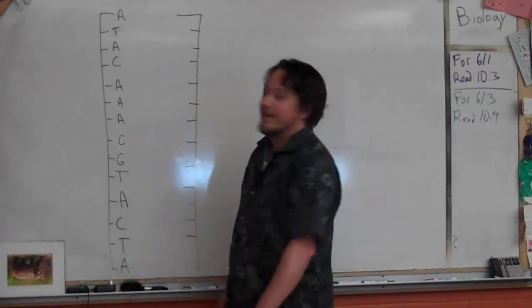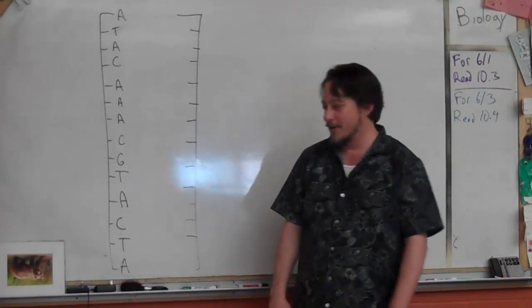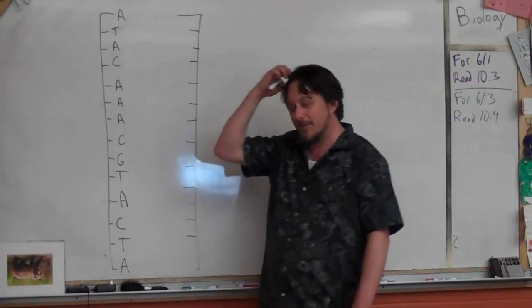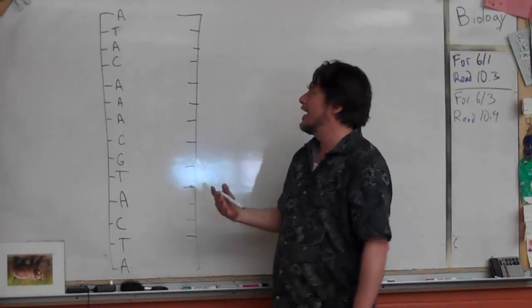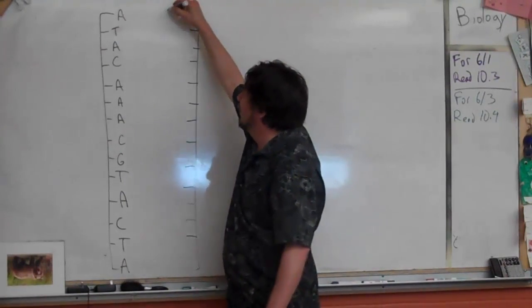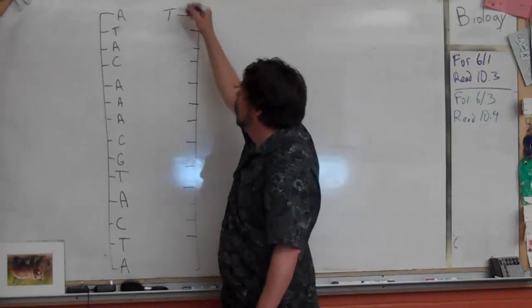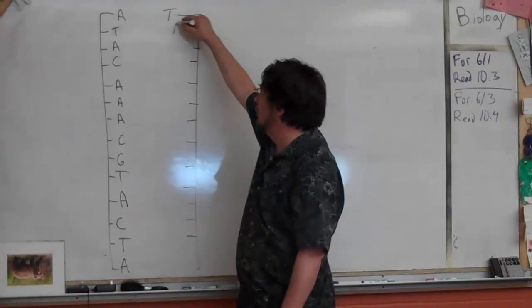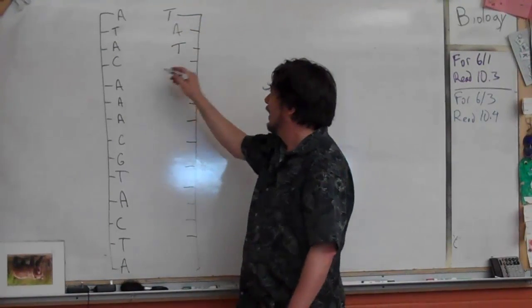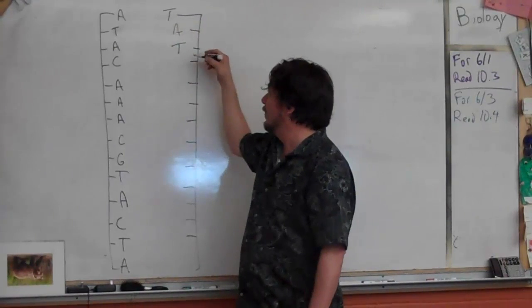Okay, so for those of you at home not familiar with our game, DNA always and RNA always have complementary bases, meaning that A always matches up with T. So if there's an A on one strand, there'll be a T on another, and so we'll put an A here and a T here. And then if there's a C on one strand, what goes on the other?